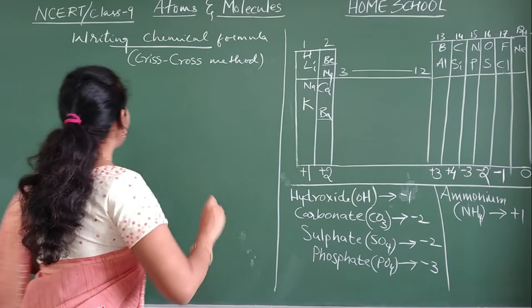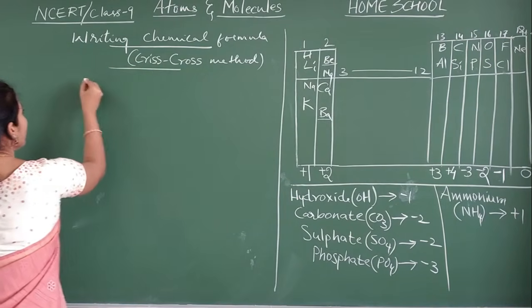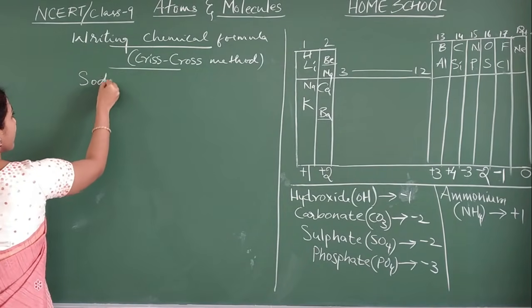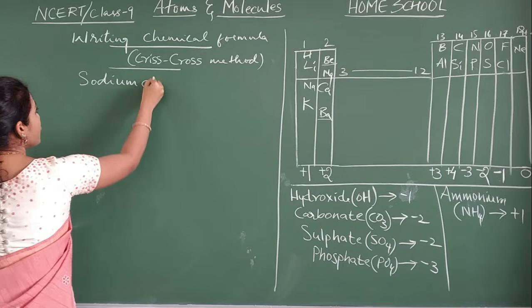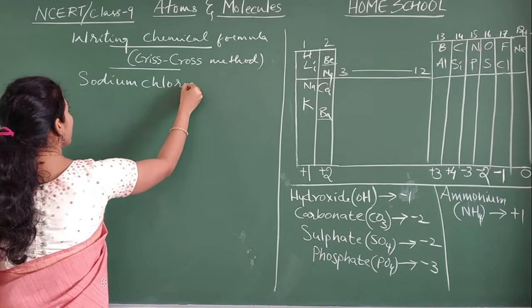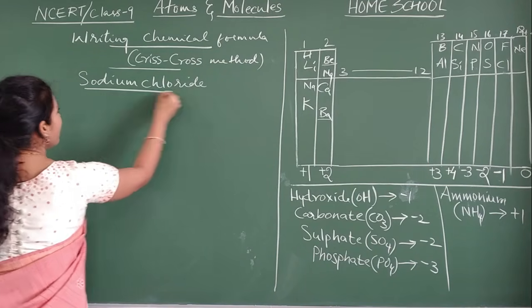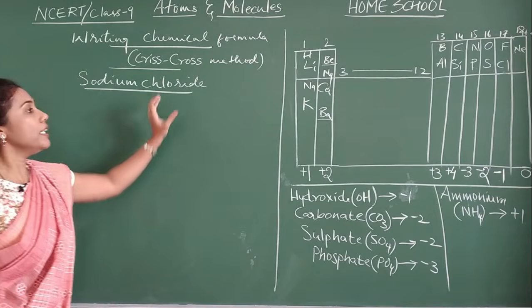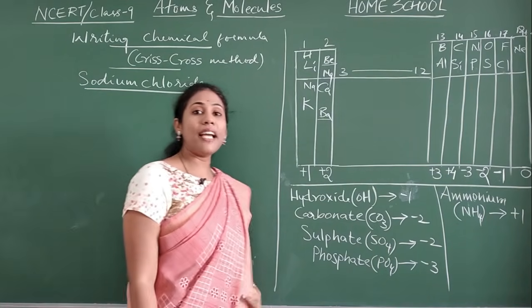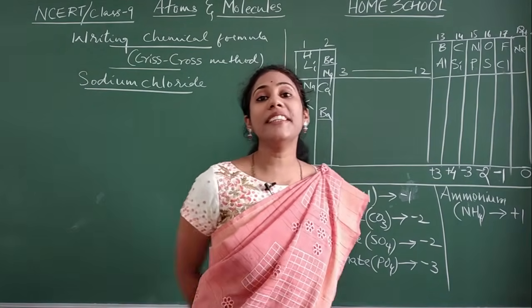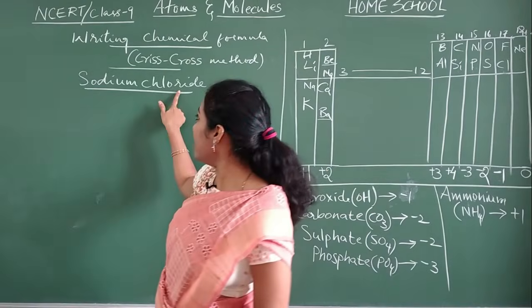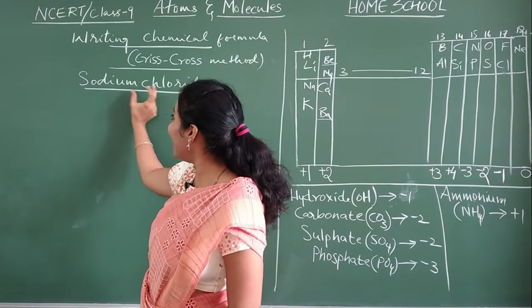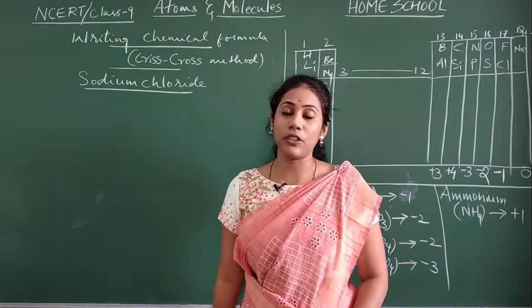Okay, so here I take sodium chloride. So how to write a chemical formula? You have to write a chemical formula with the help of symbols of the elements present in a compound.